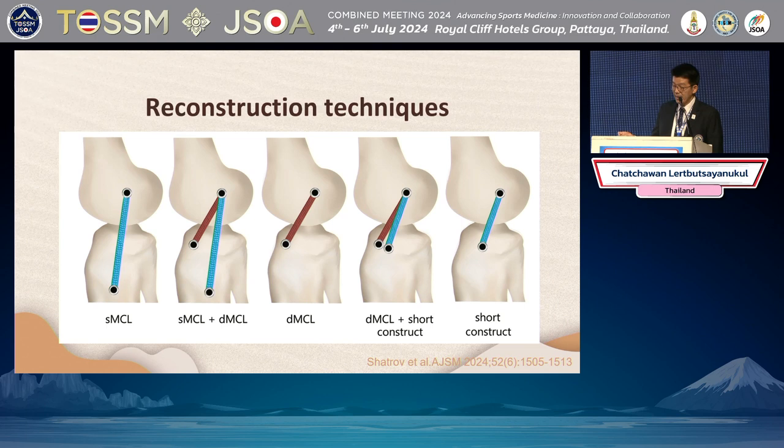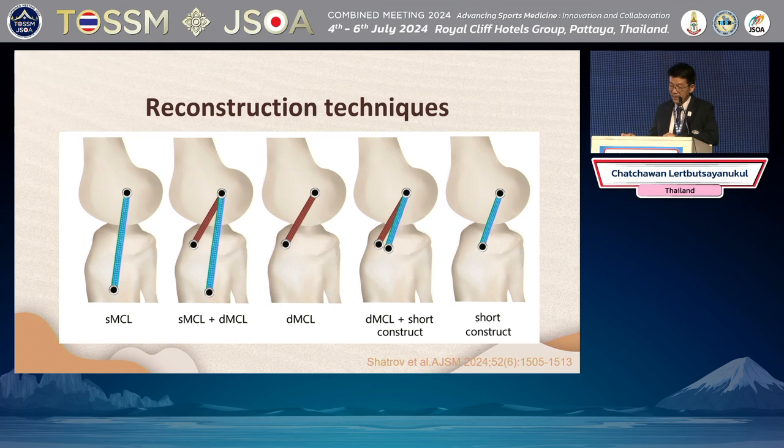First is the superficial MCL reconstruction on the left, and next is superficial MCL reconstruction in the blue tape combined with the deep MCL reconstruction. The middle one is the deep MCL reconstruction, and the next is deep MCL reconstruction with the short construct MCL reconstruction, and the last one is short construct reconstruction.